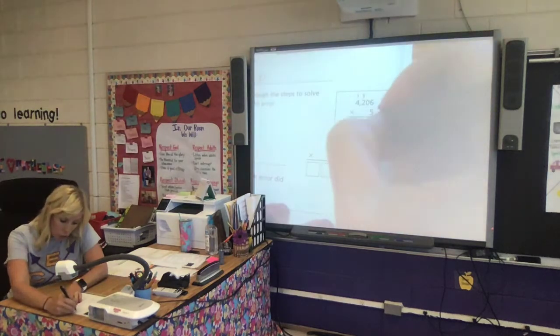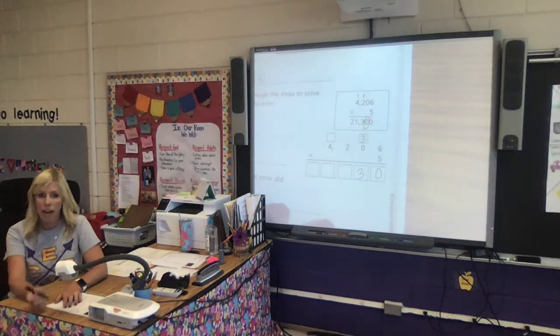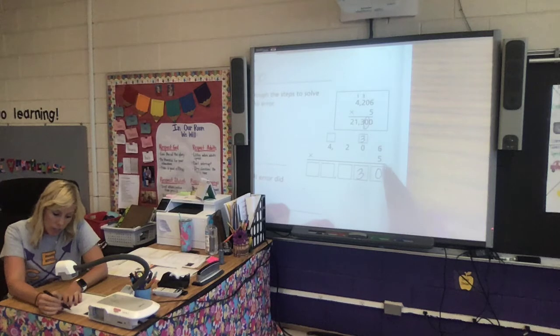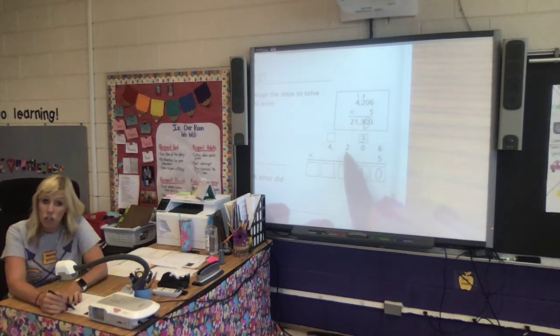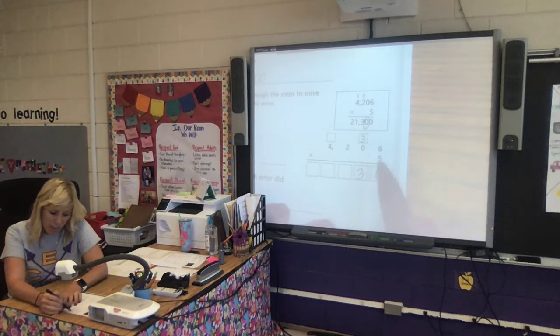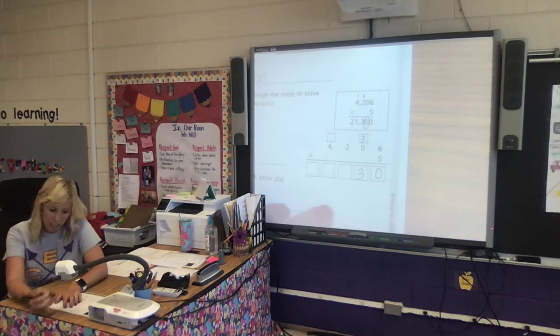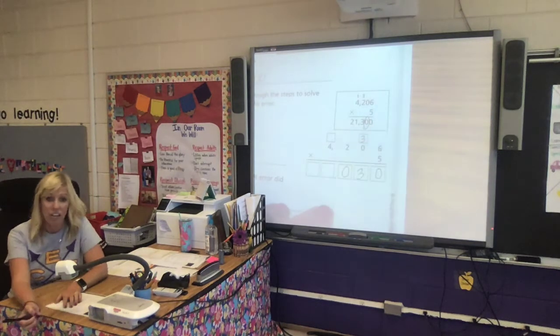So I'm going to circle his tens place. But I'm going to come back and I'm going to keep solving. Next, I have 5 times this 2, which represents 200. So if I have 5 200 times, or if I have 200 5 times, I know that that's going to give me 1,000. I don't have any hundreds here.